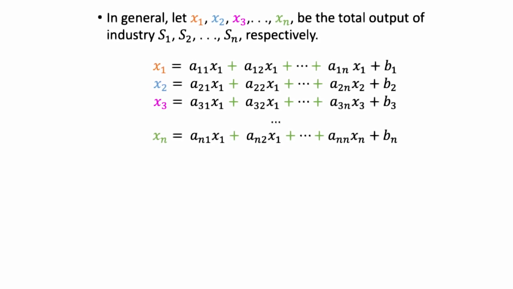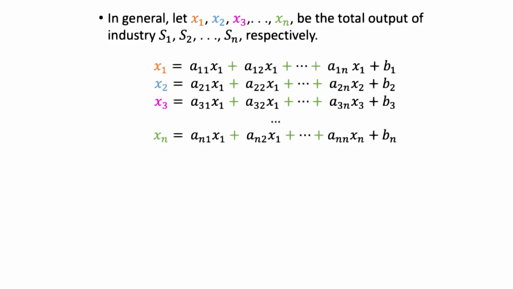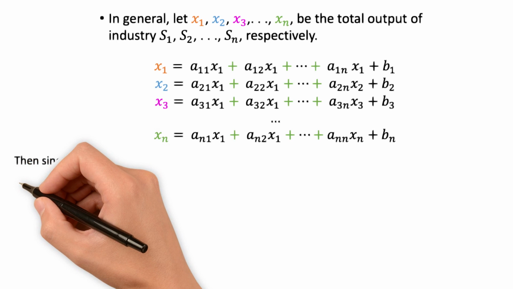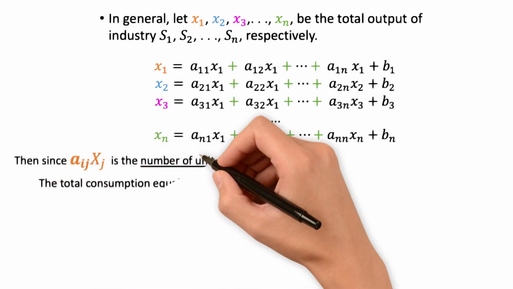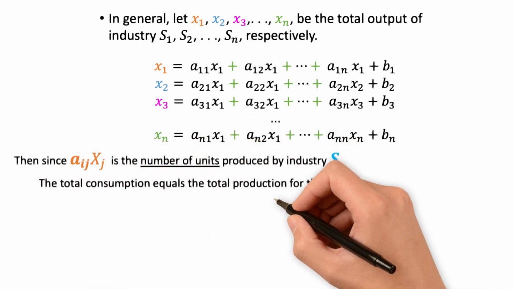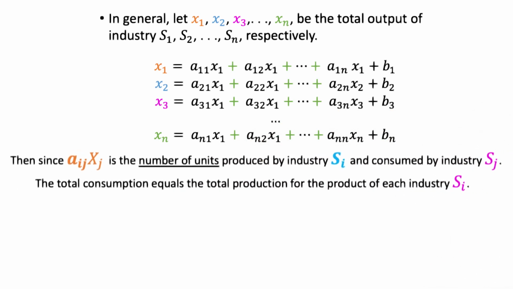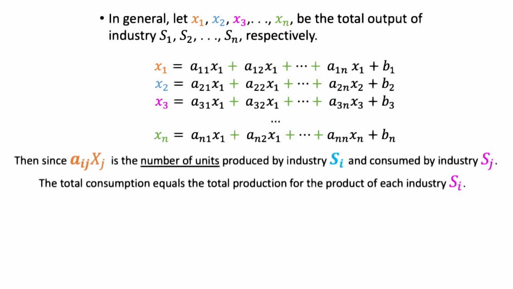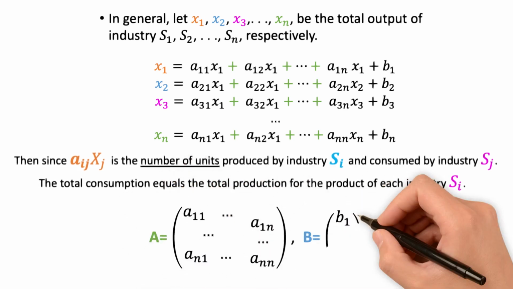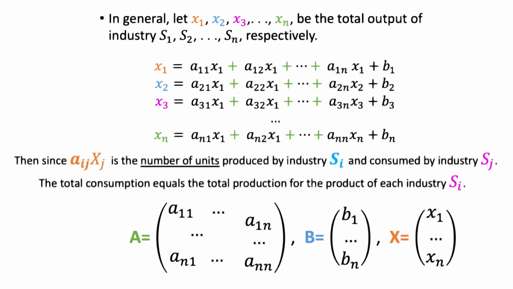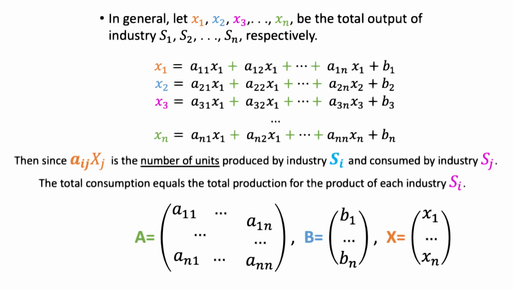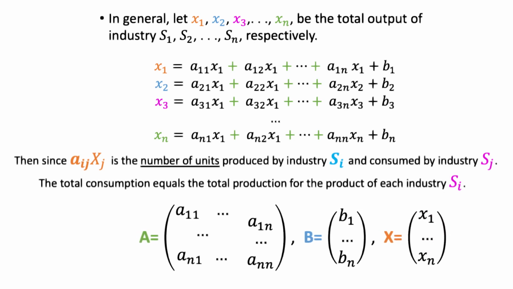So then we can continue until Xn equals An1 X1 plus An2 X2 plus Ann Xn plus Bn. Then since Aij Xj is the number of units produced by industry Si and consumed by industry Sj, the total consumption equals the total production for the product of each industry Si.